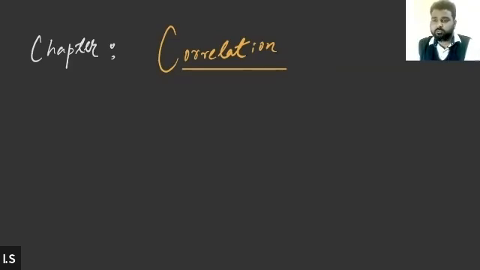The topic that is in our syllabus is Karl Pearson coefficient of correlation. So we will be skipping Spearman rank correlation. You just have to confirm with your teacher whether this topic is coming in your examination or not. And if he says that this topic is going to be in your final term, then we will cover it. Otherwise, we will be skipping it.